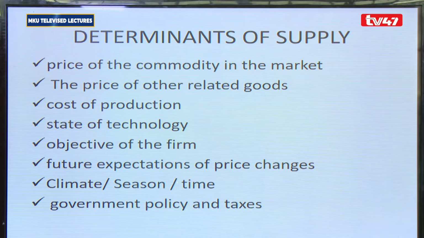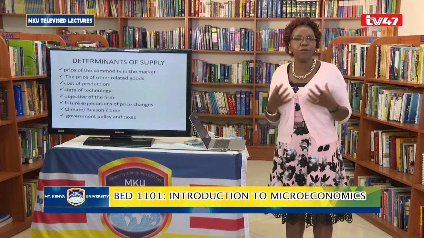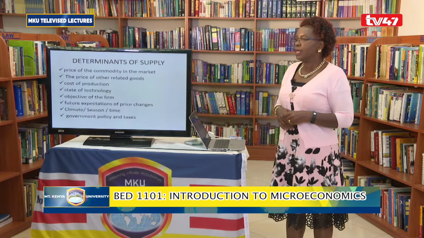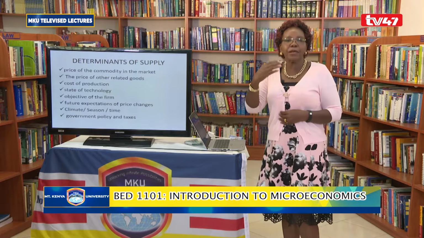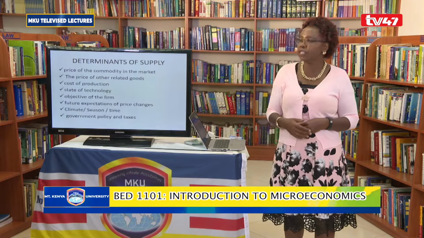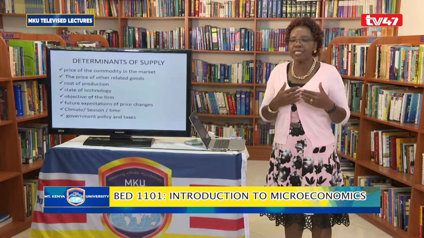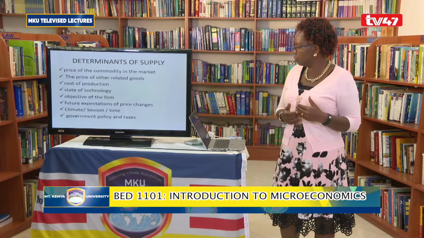The next factor is the future expectations of price changes. Just like the consumers, the suppliers will always speculate about what is going to happen to the market prices. If they speculate that the prices are likely to go down in future for their product, they bring more to the market now that the prices are high, and the opposite is true.